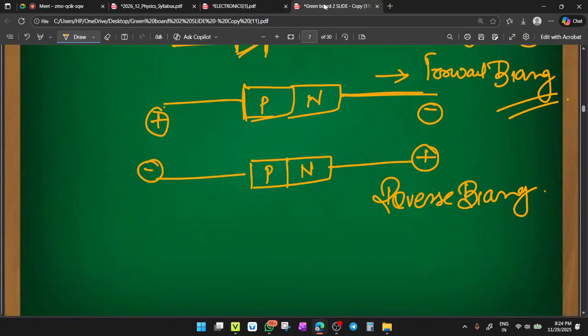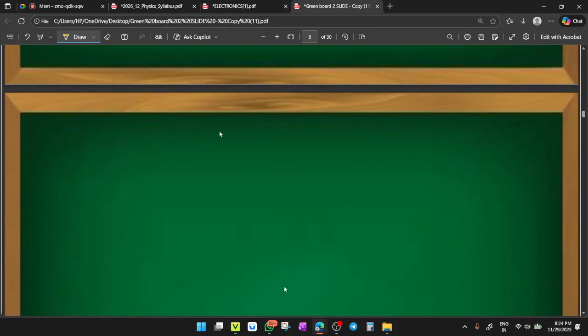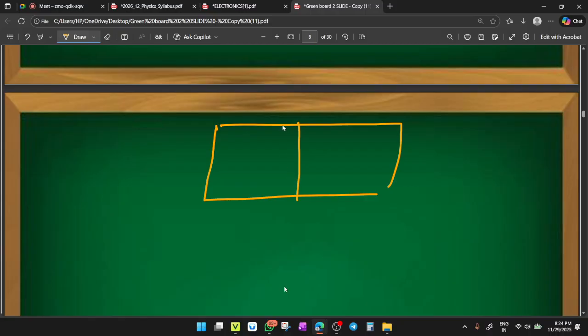Now what is happening there? See here what is going to happen. This is a P-type material and this is an N-type material. Here there are holes, here the immobile positive charge ions with a few electrons, and here the negative immobile charge ions with holes.